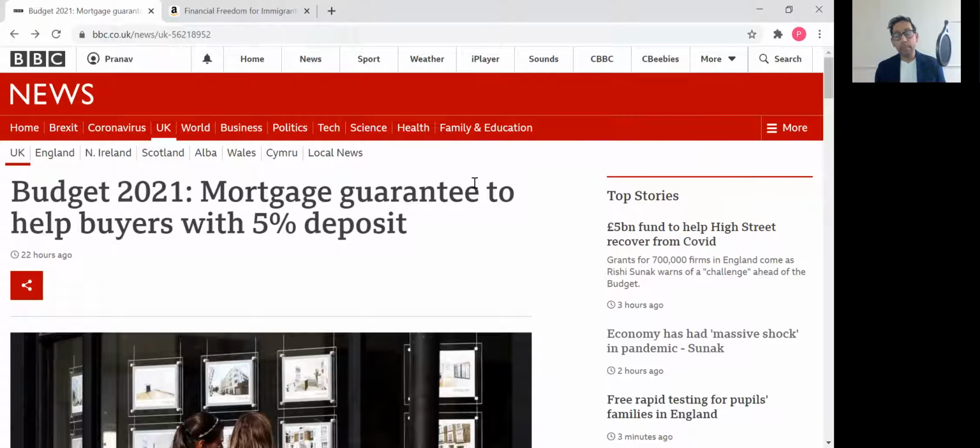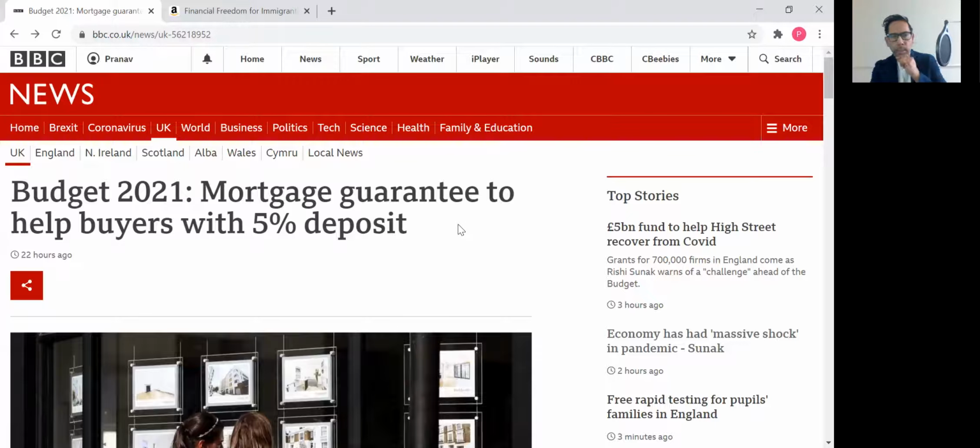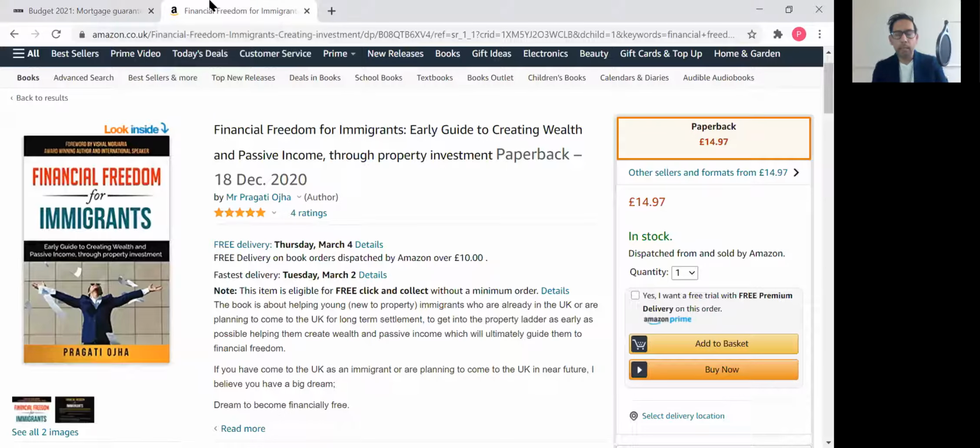Also, an important thing to consider is the loan to income ratio. This video is in reaction to the news that made headlines yesterday, where 5% deposits are coming back.